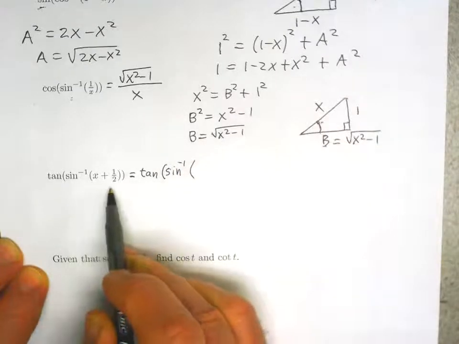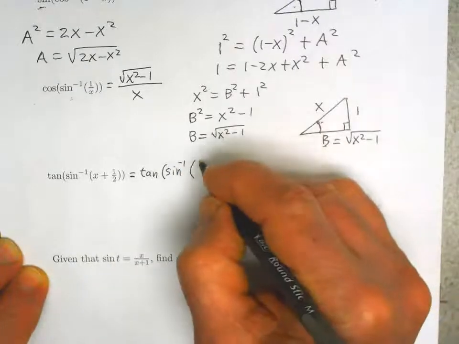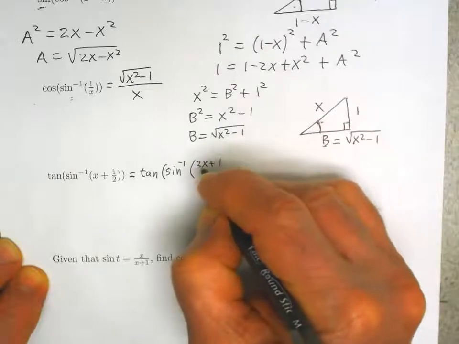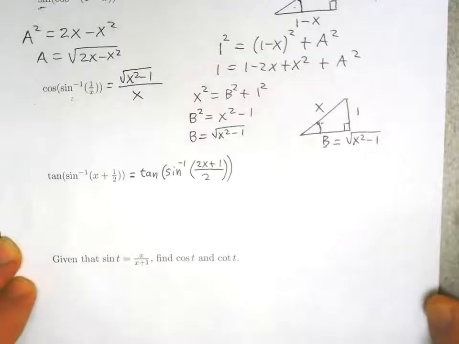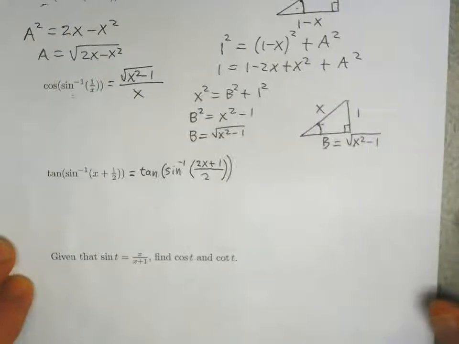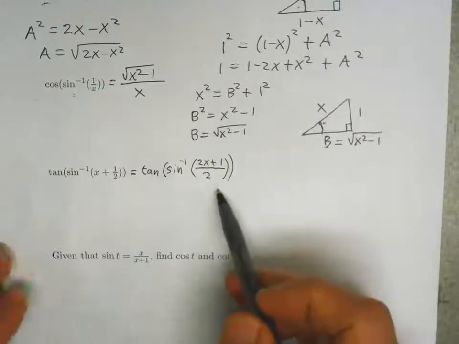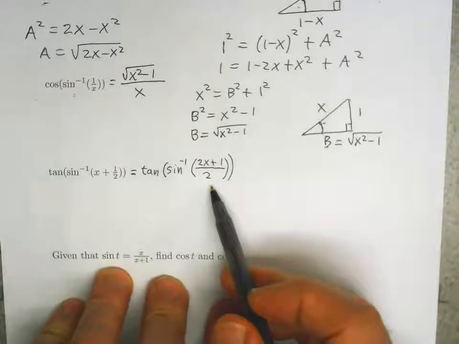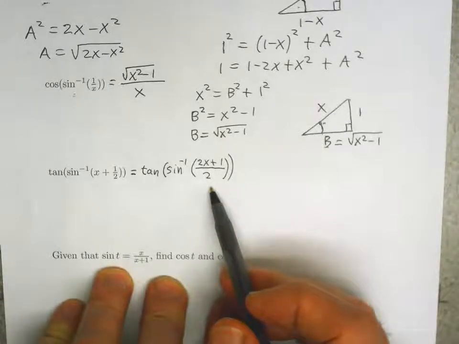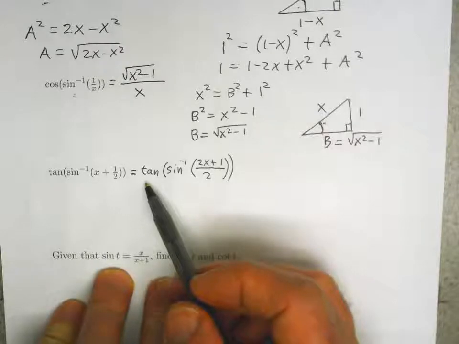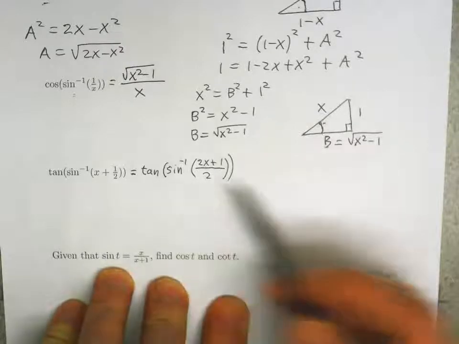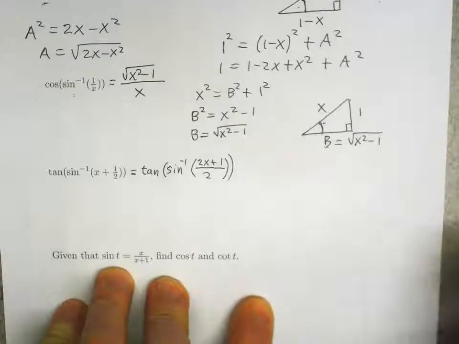Instead of x plus 1/2, let's write it as 2x plus 1, all over 2. You don't have to do it that way, but this, in my opinion, makes the algebra a little bit simpler. So we want to find the tangent of the angle whose sine is 2x plus 1 over 2.